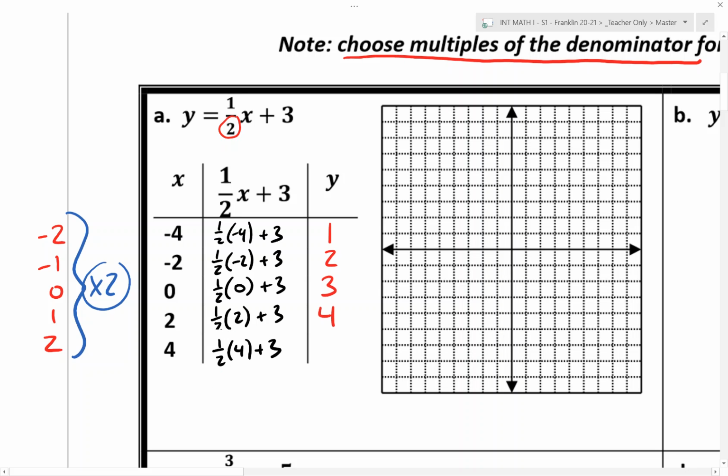And lastly, 1/2 times 4 is 2, plus 3 is 5. Remember, to multiply by fractions, multiply your whole number by the top and divide by the bottom.